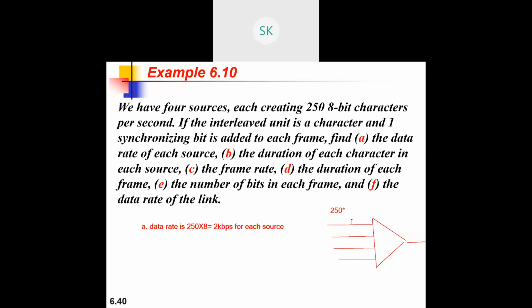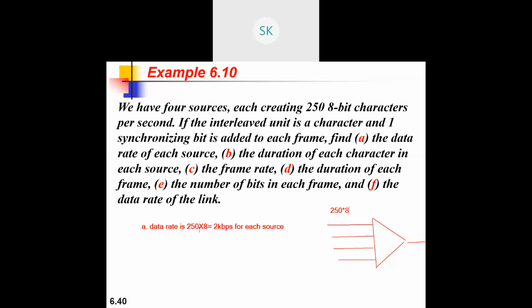First question, I'll try to annotate. I'm answering question A now. What it says, 4 sources are there, each creating 250 8-bit characters per second.